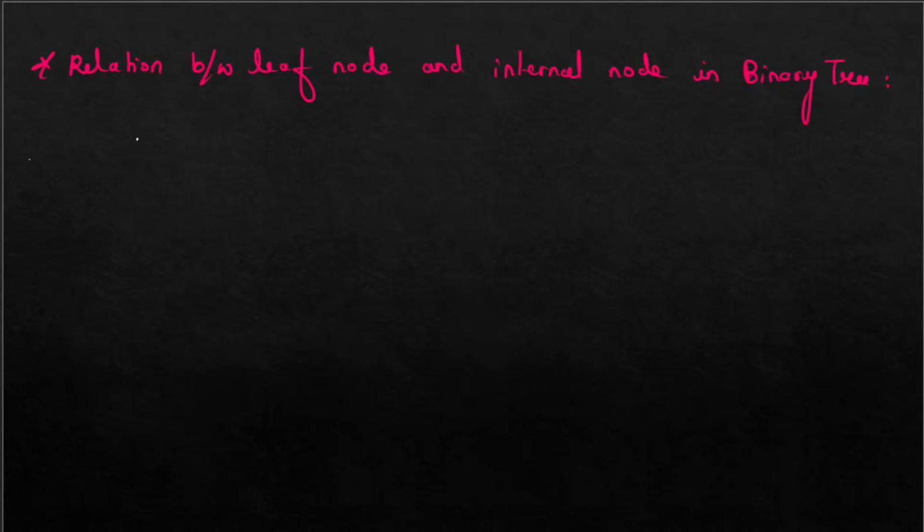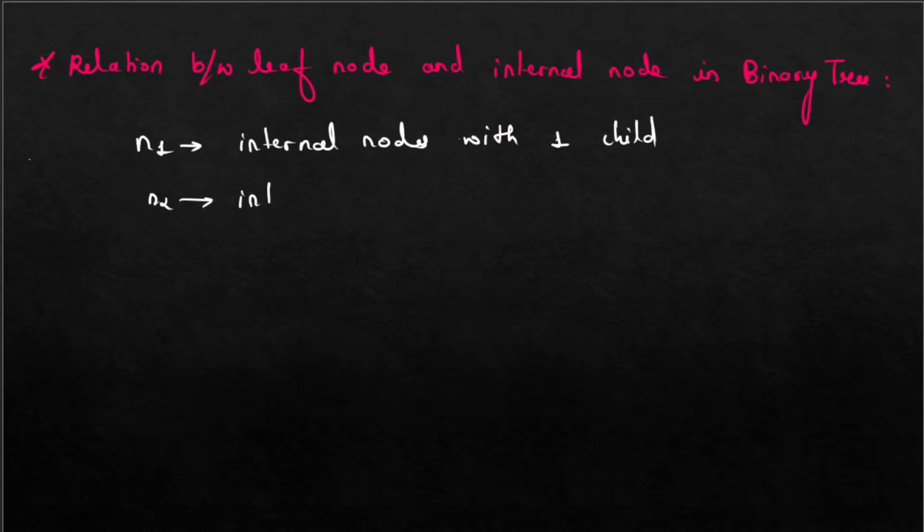So n1 is internal nodes with one child. Okay, n2 is internal nodes with two children.